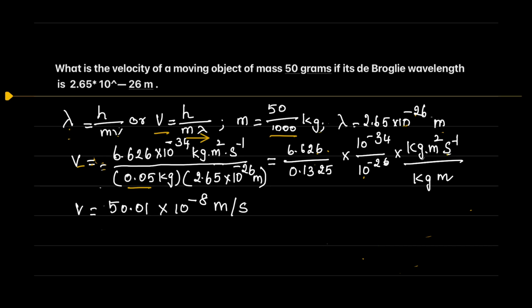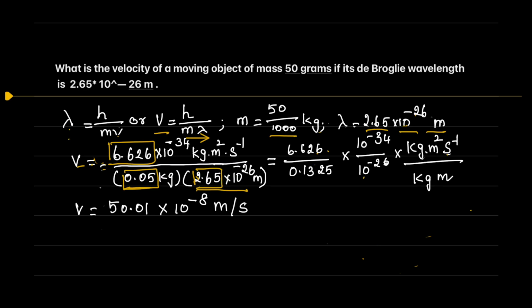Then lambda is equal to 2.65 into 10 raised to the power of minus 26. Since it is given in meters already in the problem, we can use it as such. The numerical part of the equation is 6.626 divided by 0.05 into 2.65.